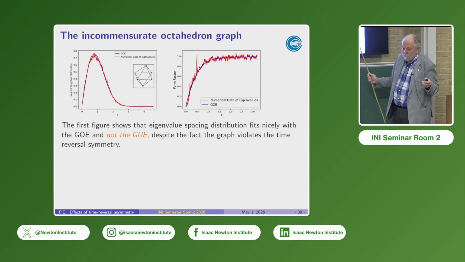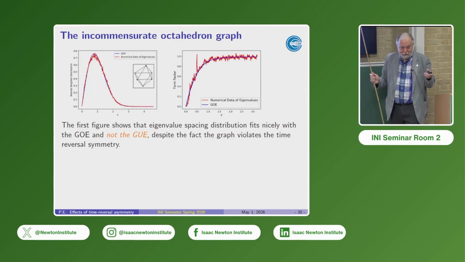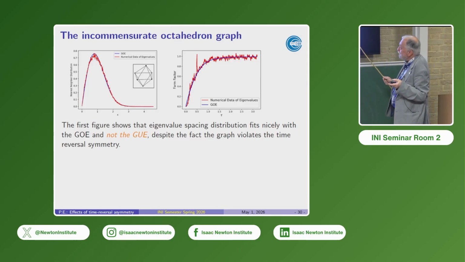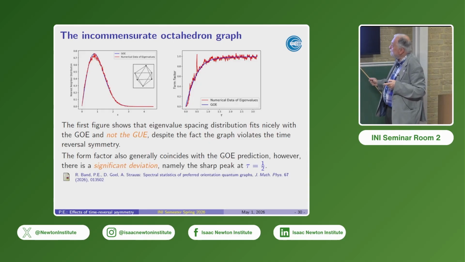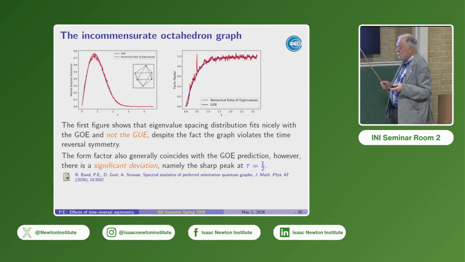We know that the graph violates time reversal; we constructed it like that, but it's still GOE. And second, this fits nicely the GOE formula for the form factor. But there is one disquieting thing: this peak at tau equal 1/2. So what to do with it?